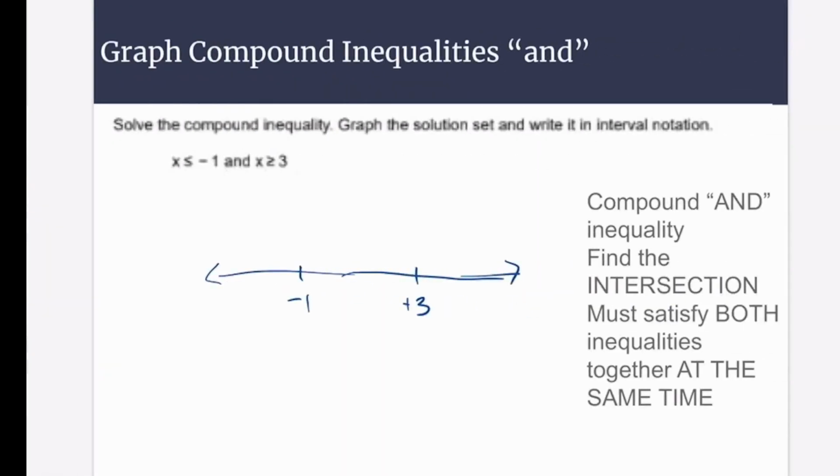So let's do another one. In red, x is less than or equal to -1. So that means -1 gets a closed circle, and we're going to the left. x is greater than or equal to 3. So closed circle, going greater. Where is the intersection? That's what I need to find.